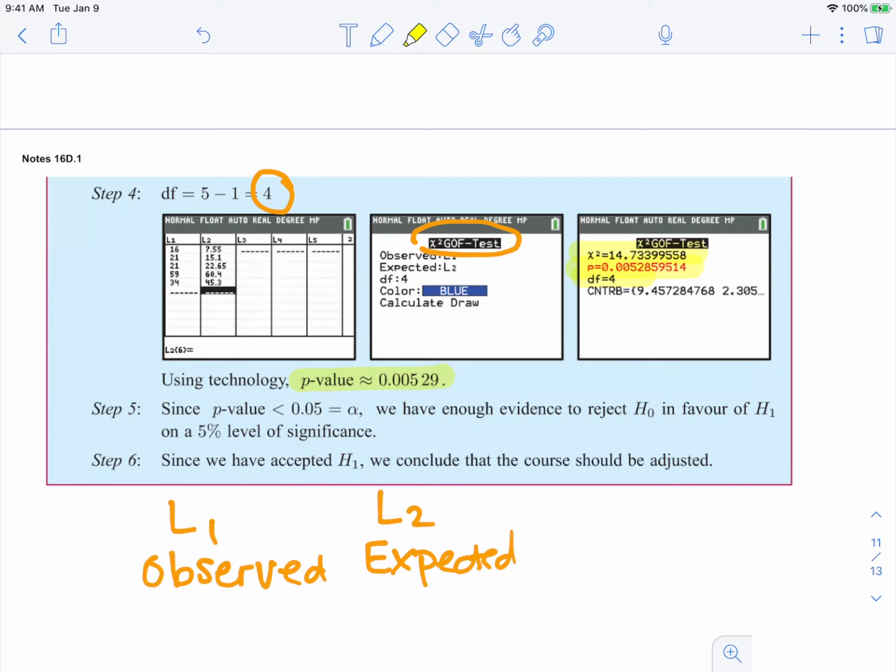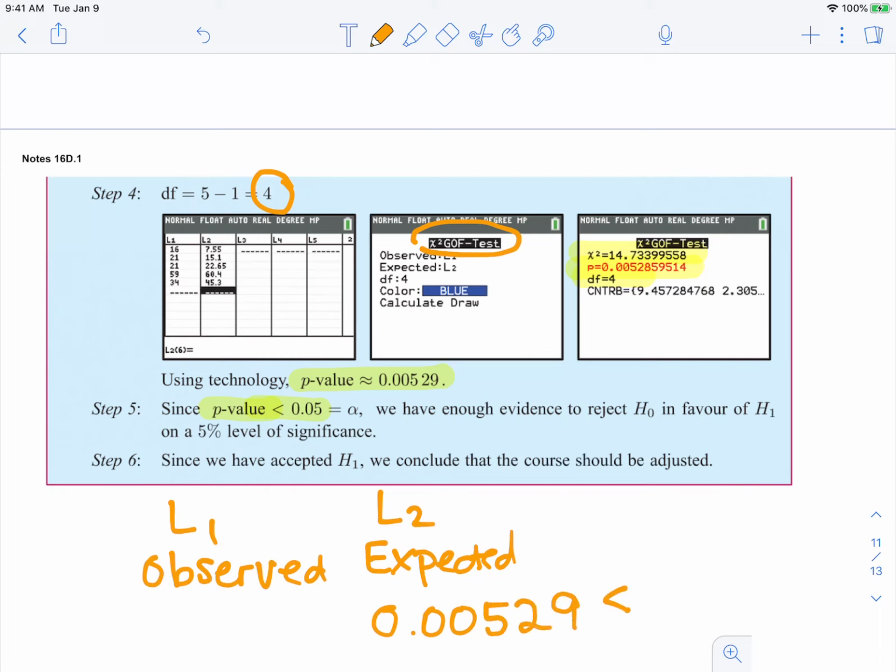So we have to compare the p-value that we got with our calculator. Is it less than 5%? Or is it greater than? So our p-value was 0.00529.